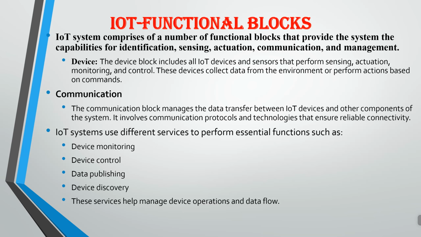Now, the services. What are the services that are possible from the IoT system? Number one, device monitoring. As we know, we have the CCTV camera. What can we do through a CCTV camera?